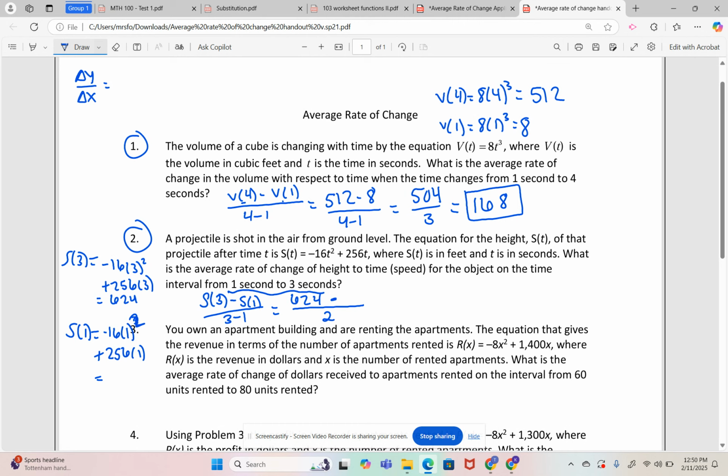Okay, so that would give us negative 16 plus 256, which is 240. Alright, when we do our subtraction, that gives us 384 divided by 2. So our rate of change is 192.